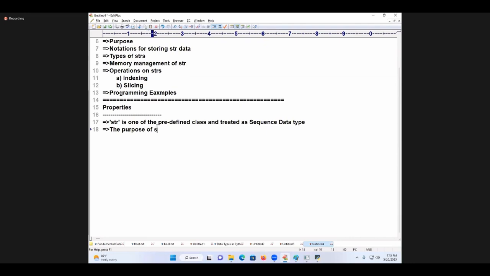The purpose of the STR data type is to store textual data, that is names, places, descriptions, like that. Next, I'll show you one by one in the class programmatically.